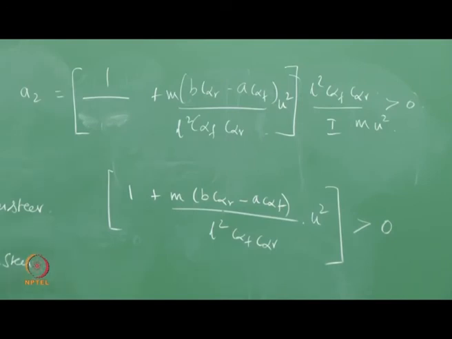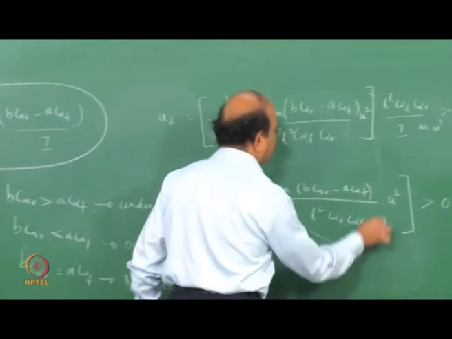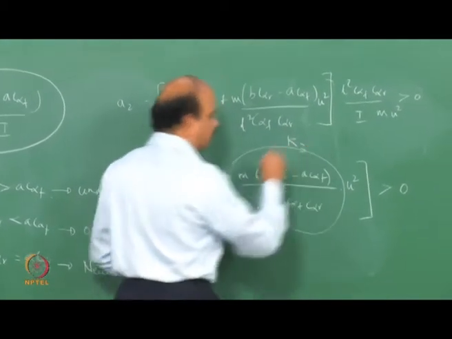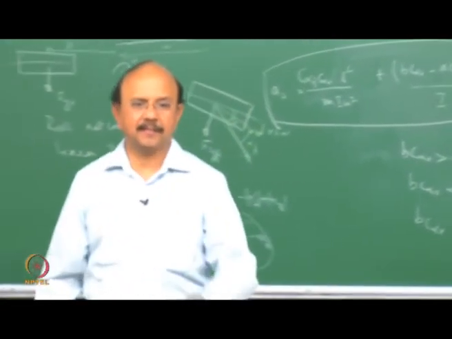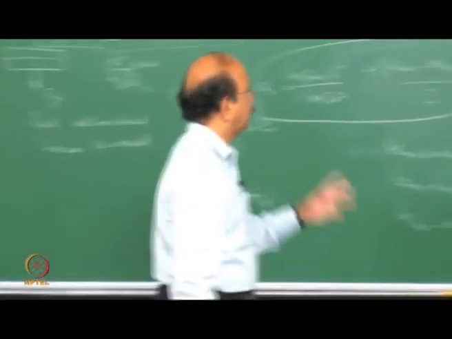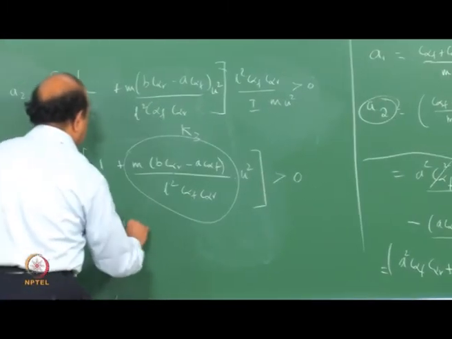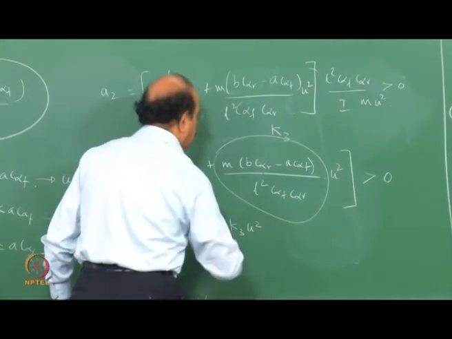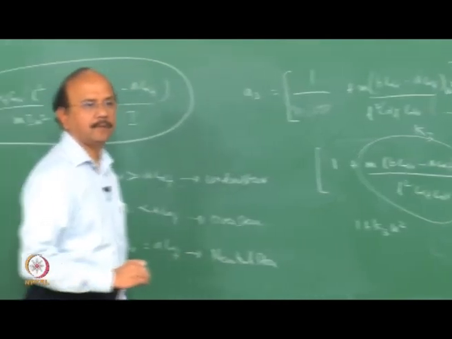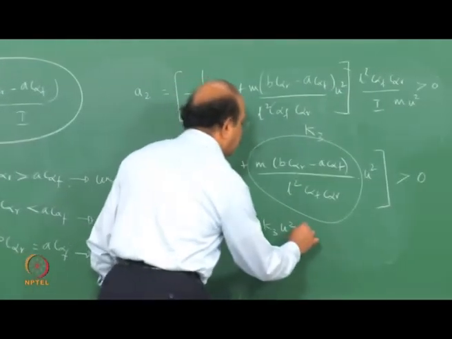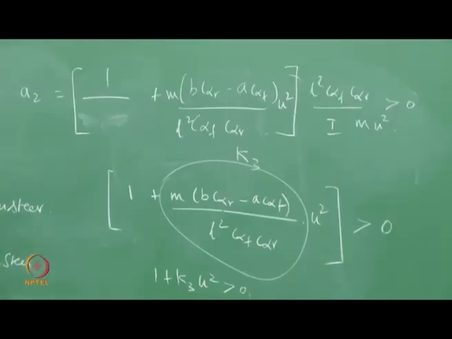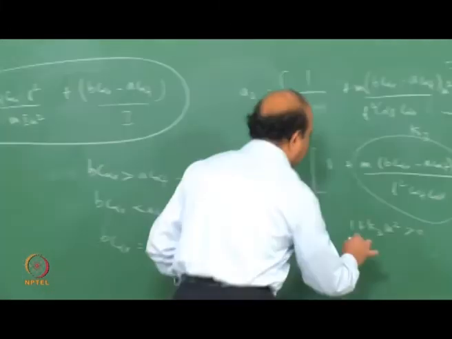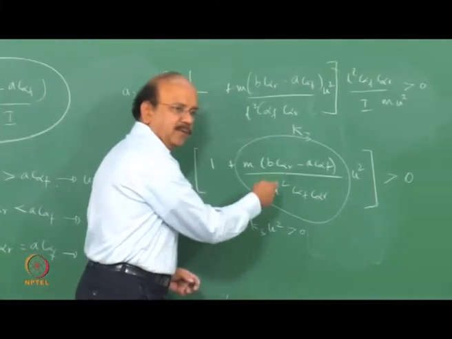So let me call this, say, K3. Why K3? I'll tell you a bit later. So I will write this as 1 plus K3 u squared to be greater than 0. That's the condition, and ultimately this reduces to a condition where K3 becomes negative.